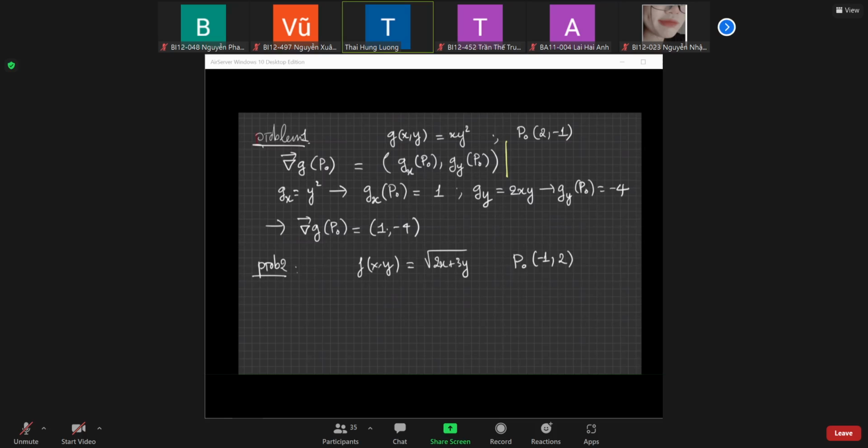Okay, so anyone can do it. Let's find the gradient vector.